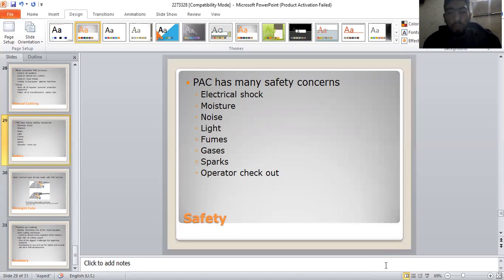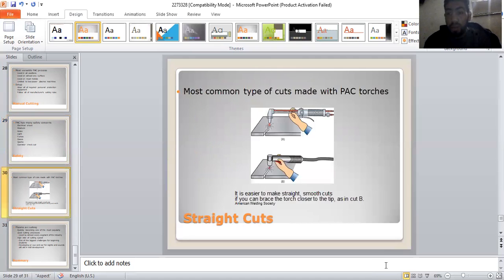The light can blind our eyes and may become dangerous for them. It produces fumes and gases, so we need to be very careful. The sparks may ignite surrounding materials, and the operator has to be very careful regarding all of these things. These are the safety precautions we need to observe during this process.